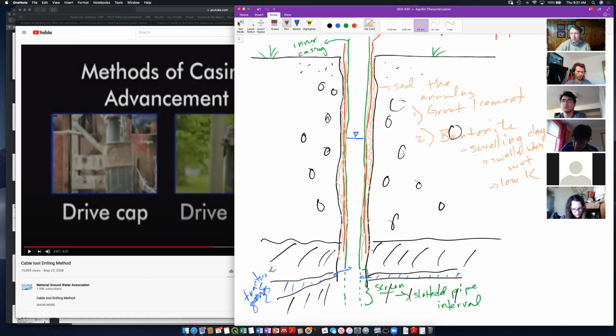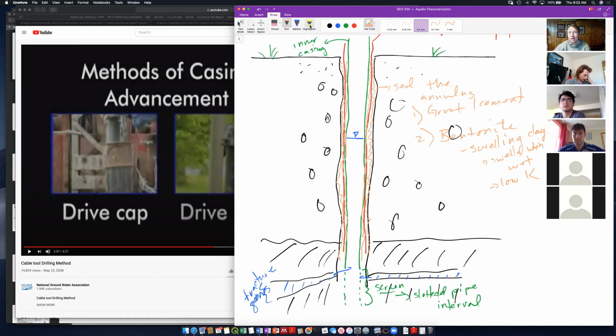Okay, how do you think we get cement into this zone here? You just pour it right here up the top and hope it comes down through all these little cracks. I mean, they have like long tubes that you could push down. Good point.